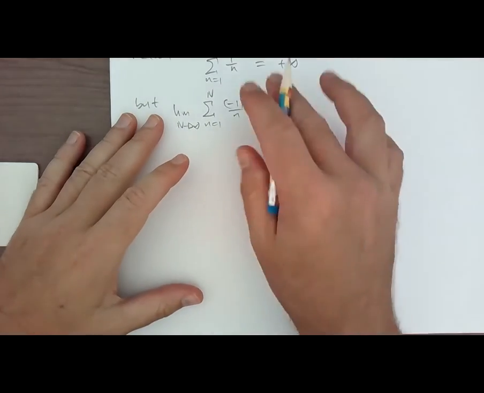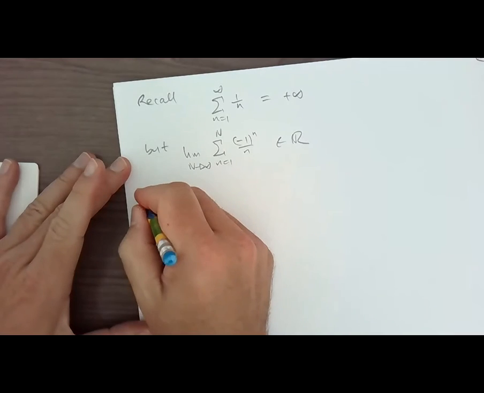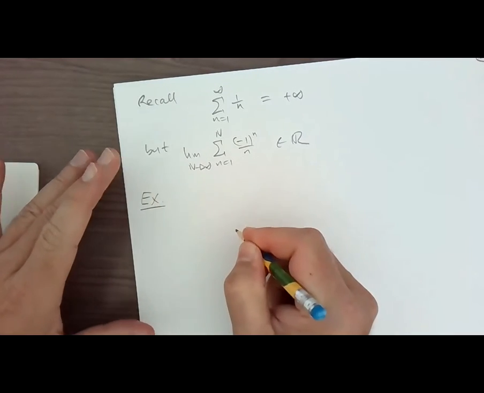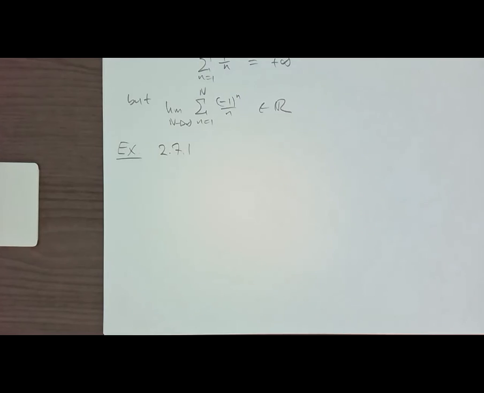And Mathematica told me that it was like log of 2 or minus log of 2. So this is this exercise 271 that outlines how one should do it.